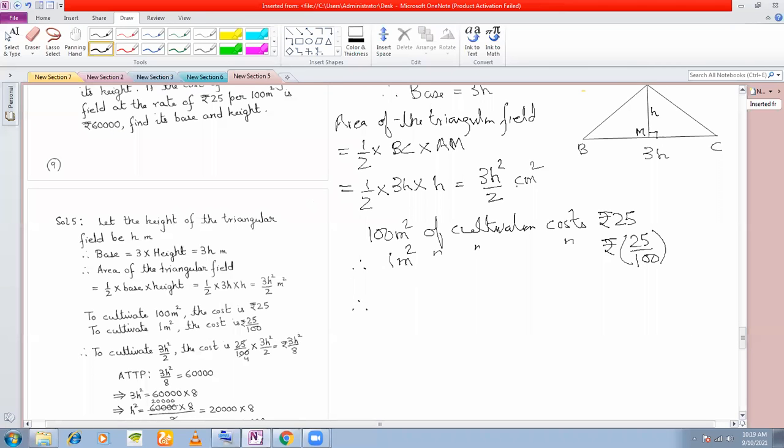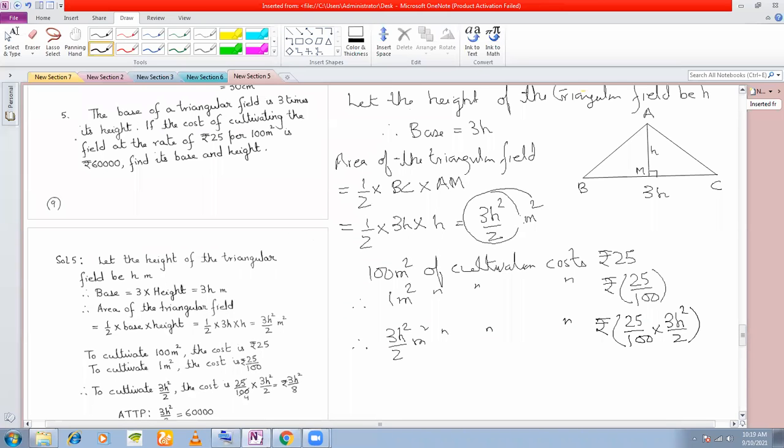So therefore, what is the area of this triangle here? 3h square by 2 meter square. In fact, this is not centimeter, this should be meter. So all the units are in meter. Of cultivation costs how much? Rupees 25 by 100 into 3h square by 2. You agree?